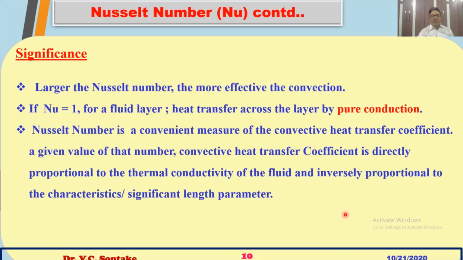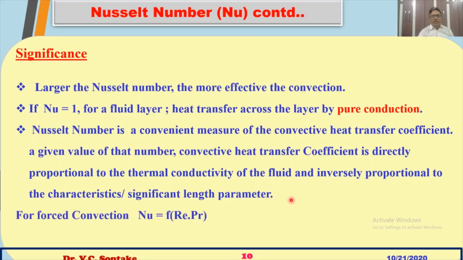and its value is directly proportional to the thermal conductivity of the fluid and inversely proportional to the characteristic or significant length of the geometry. So another significance of Nusselt number is to simply find out the value of the convective heat transfer coefficient.